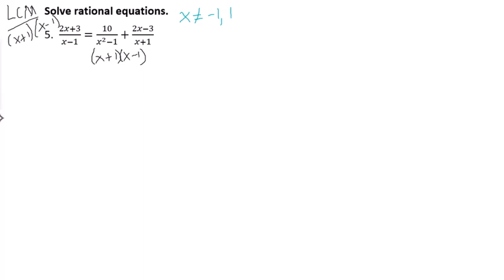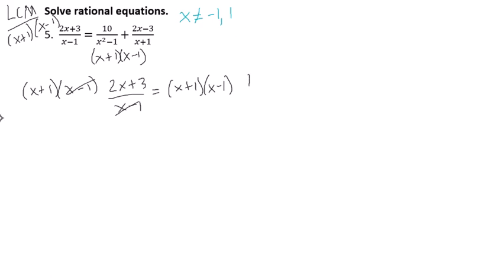Okay, so now let's go ahead and multiply by the x plus 1, x minus 1 to each term. So we have 2x plus 3 over x minus 1. We know that'll cancel out. Equals 10 on top, x squared minus 1. We know that whole thing will cancel.